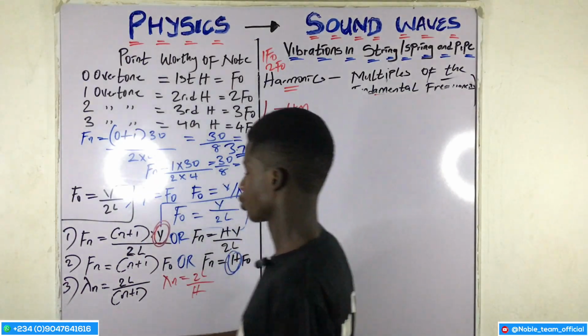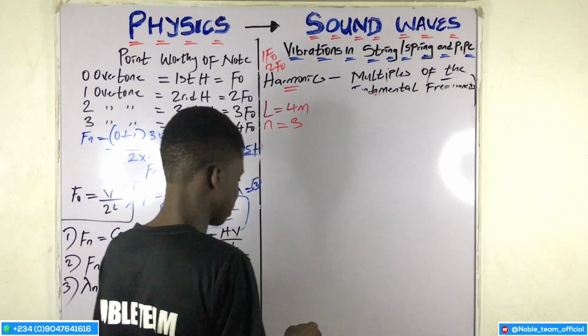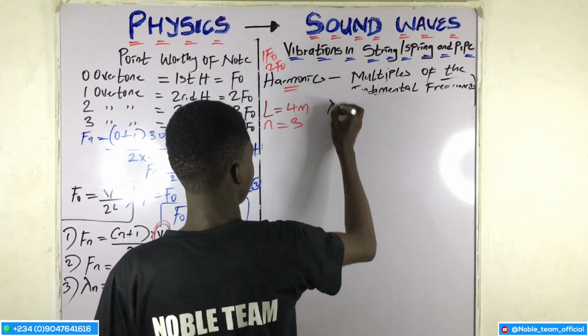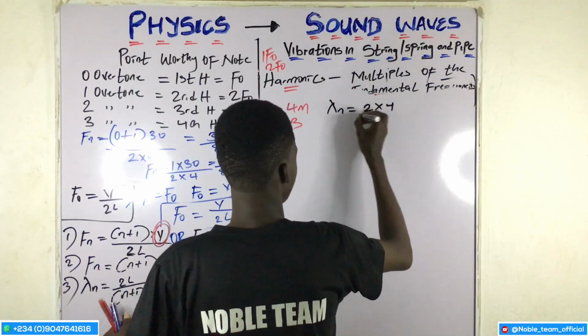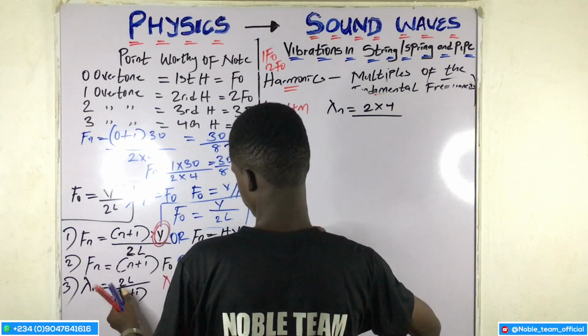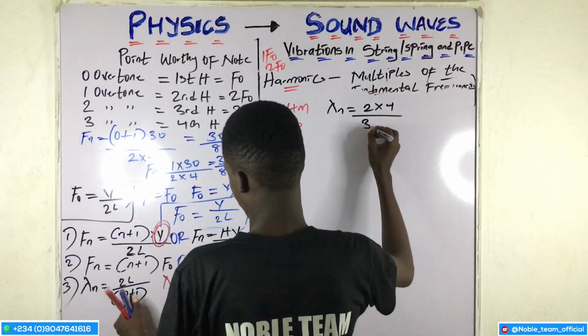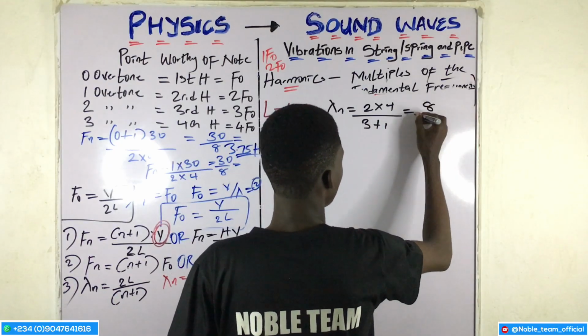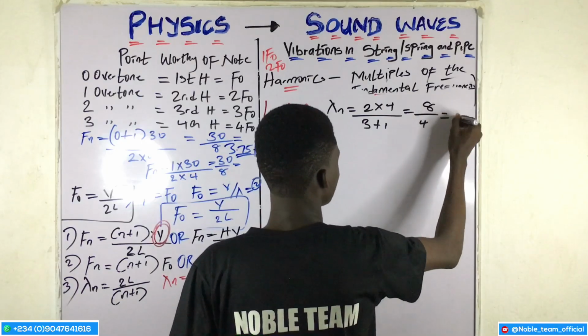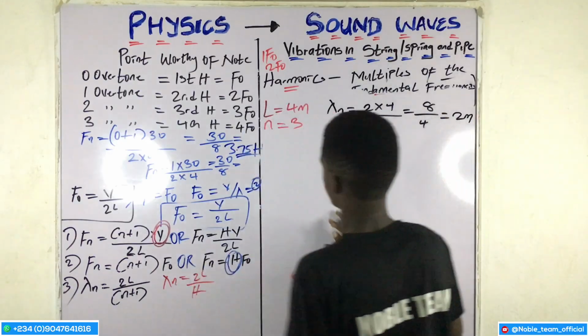So using this first, the wavelength is equal to 2 times 4 divided by 3 plus 1, which is 8 over 4. And my wavelength is 2 meters. Do you understand?